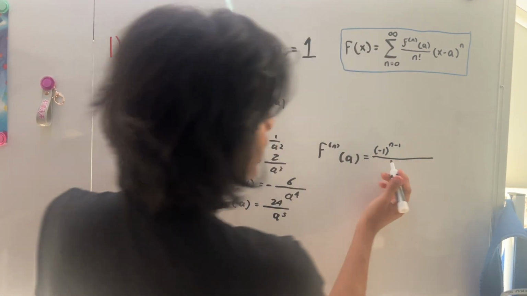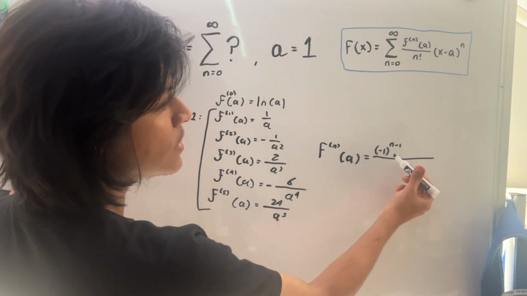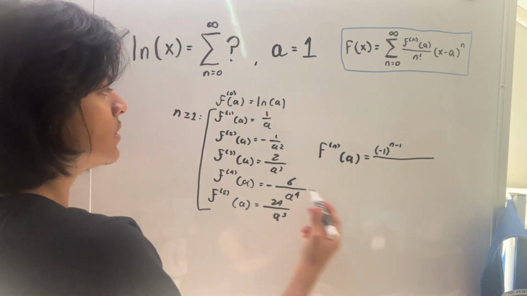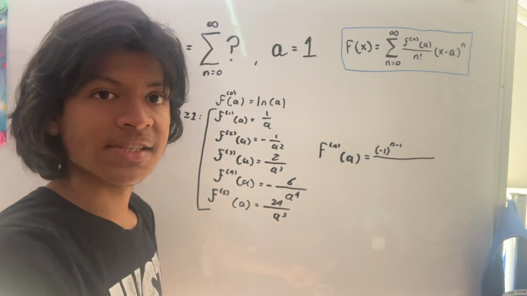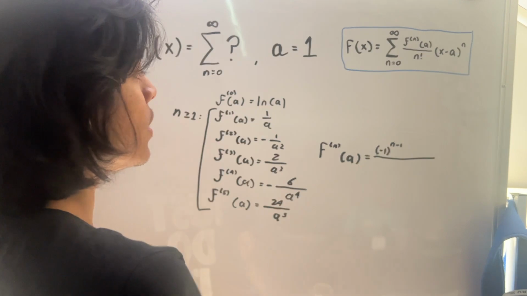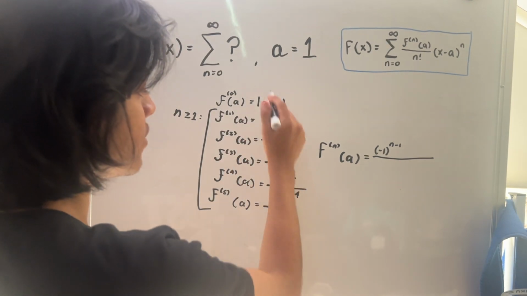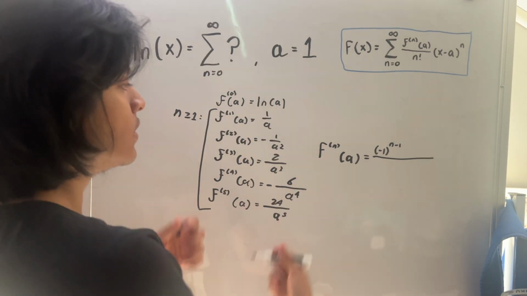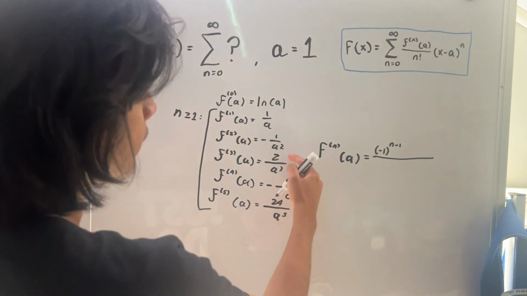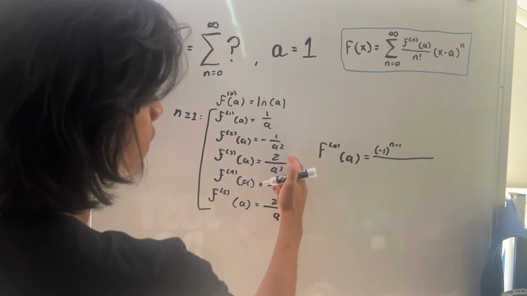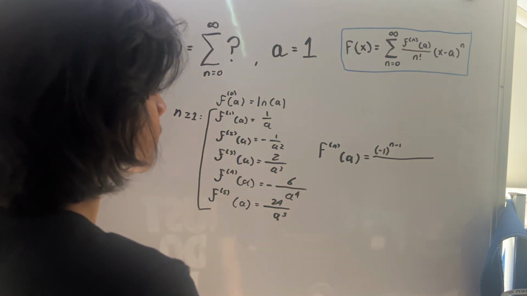So we're going to have negative 1 to the power of n minus 1. Because when n is equal to 1, we're going to get 1 minus 1, and that's 0. So our first term is going to be positive. So that takes care of the alternating positive and negative part. And now we have to deal with this 1, 1, 2, 6, and 24.